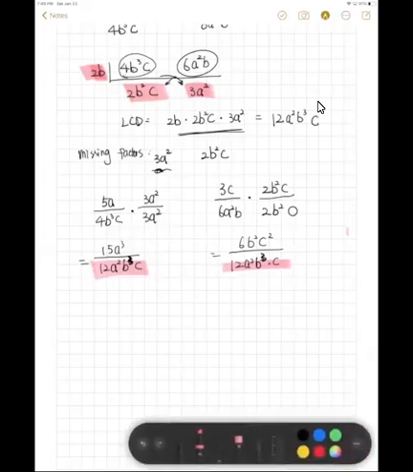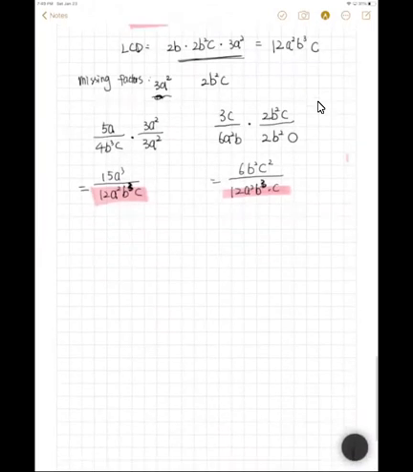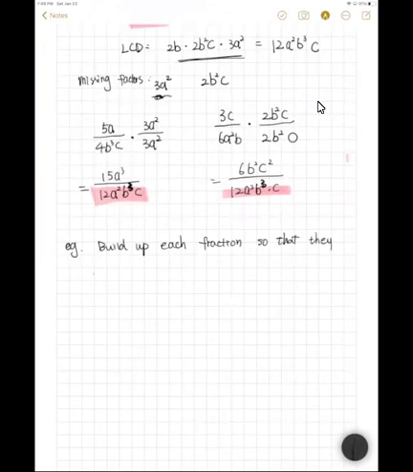Okay, let's give another example. I want you to build up each fraction so that these two fractions will have a common denominator.